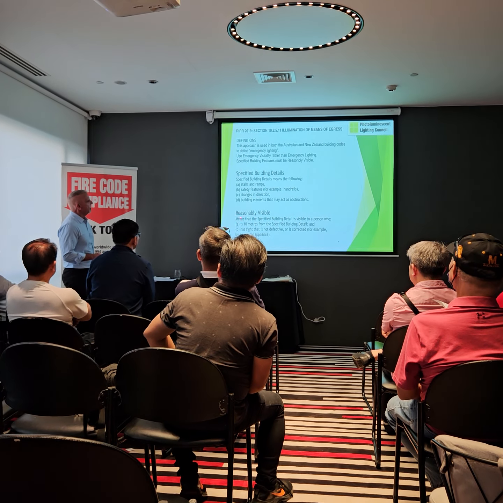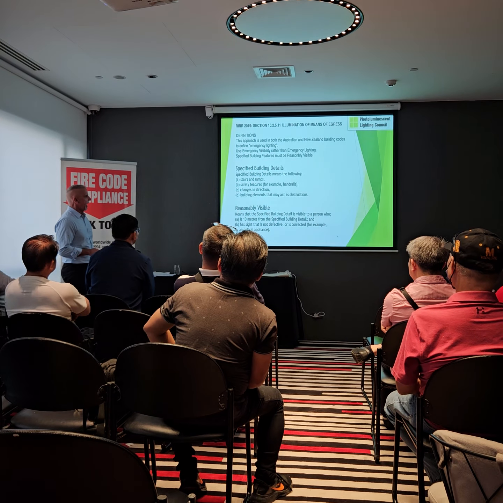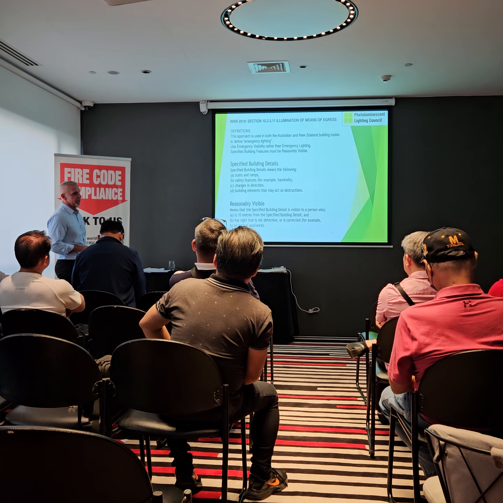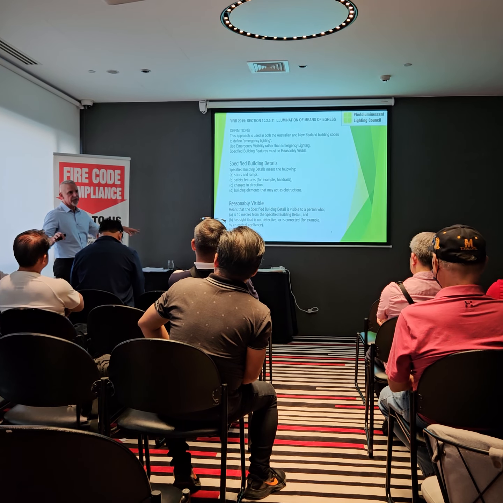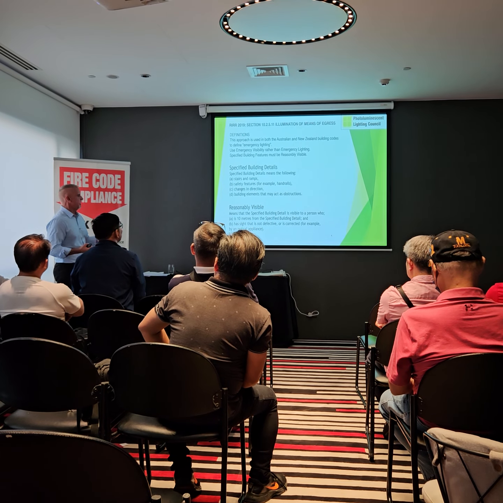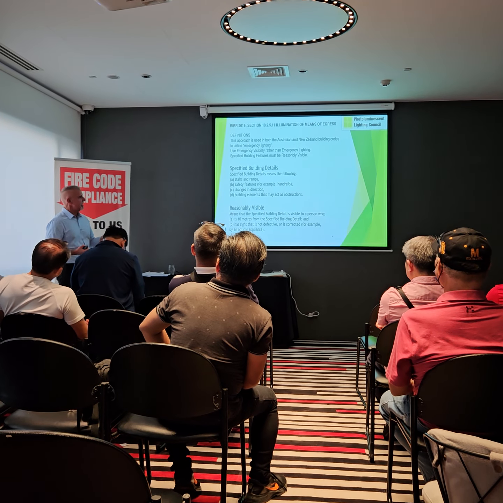And then it goes on to what is reasonably visible, and it says that it needs to be visible from 10 metres. So the edge of the steps, the handrails, and all these things, the material needs to be bright enough to be visible from 10 metres.